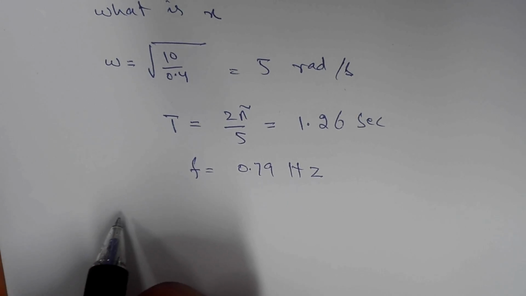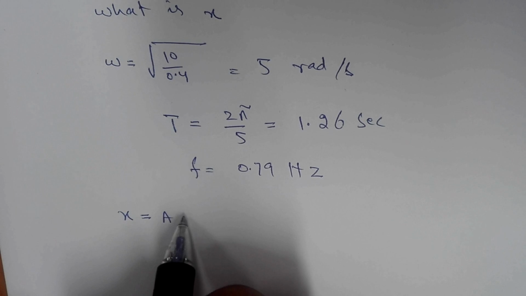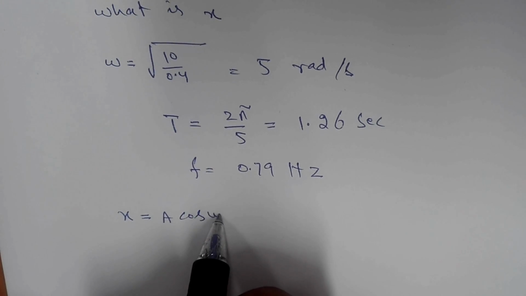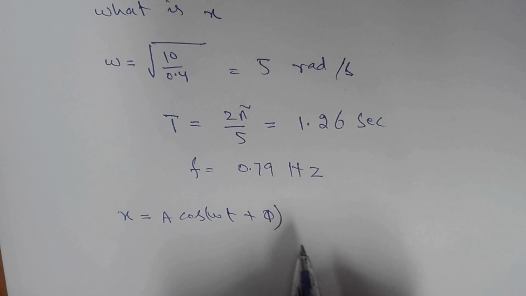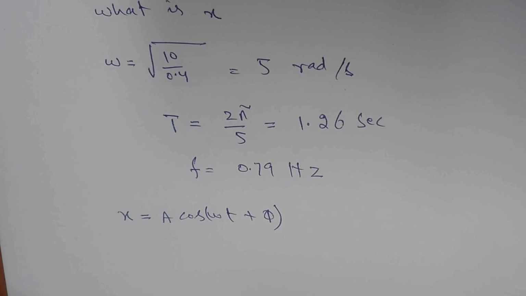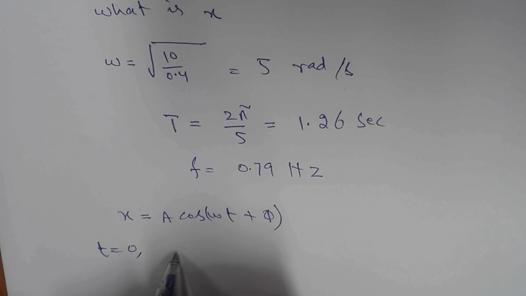So we know the equation is x is equal to A cos of omega t plus phi. So here we know that t is equal to 0 and x is equal to 0.